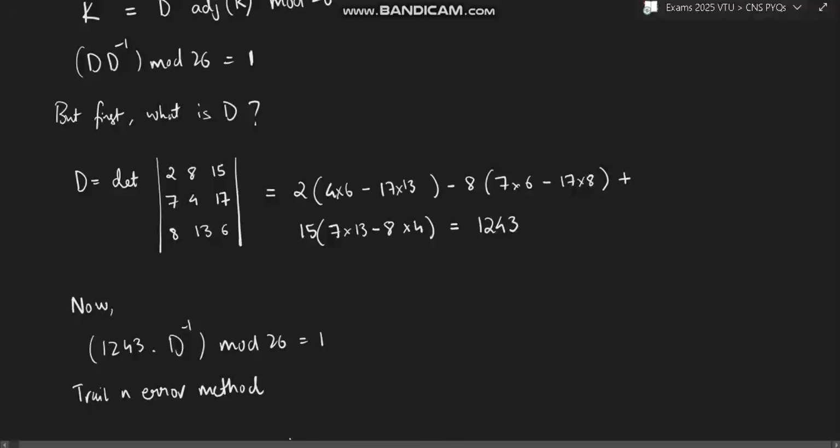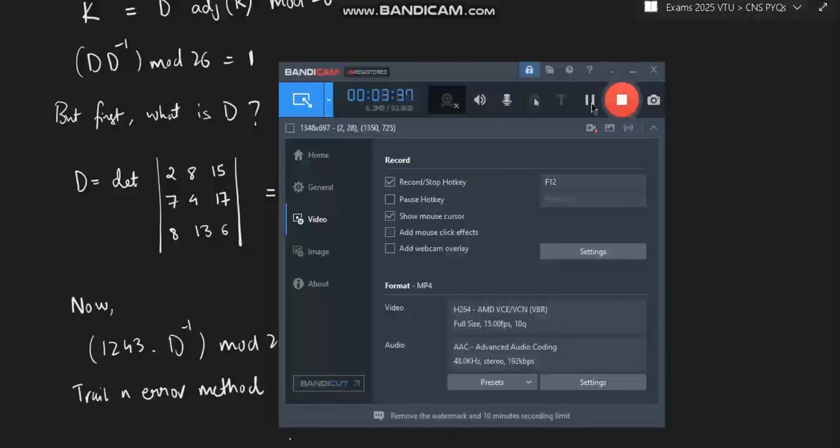The first sign will be plus, the second minus, the third plus. So next is minus 8 into, ignoring the column and the row, 7 into 6 minus 17 into 8. Then plus 15 into 7 into 13 minus 4 into 8. If you calculate this, you will get 1243 here. Okay, let me just calculate and see if we actually get it.